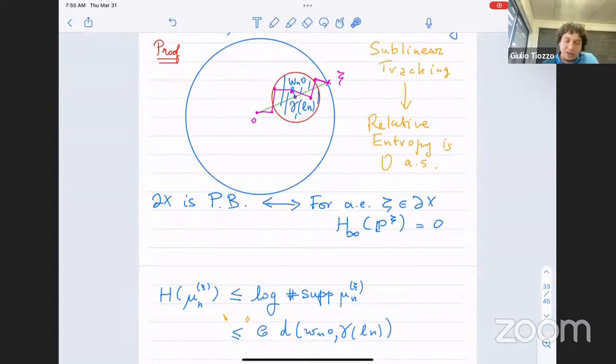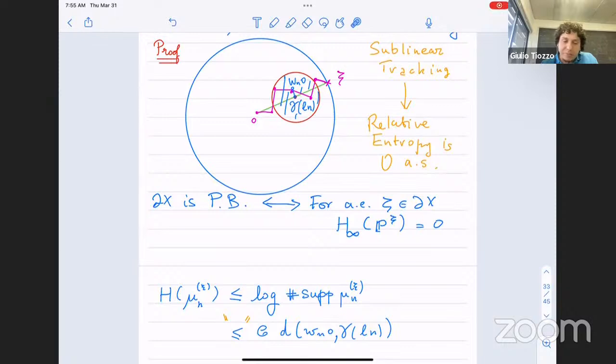If you have a sublinear tracking property, where do you find the location of the walk? Well, if you pick a point on the geodesic in the right place, and you draw a ball with a radius which is sublinear at this rate, then it's very likely to find the path of your walk in here.